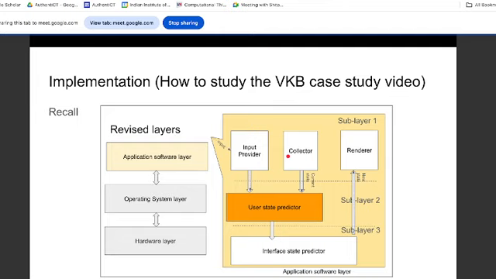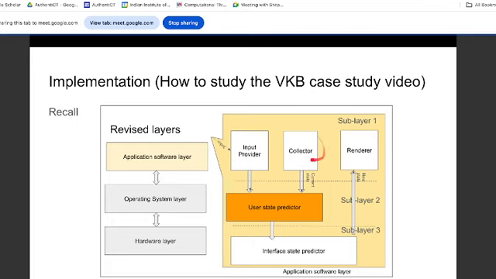Similarly, the collector's job is also to store, if the user state predictor has calculated some value of a speed or some outcome through the model, that also gets stored within the collector. So the collector is important if you have to model user centricity, specifically when we are doing the non-adaptive models. We don't even have the input provider, right?